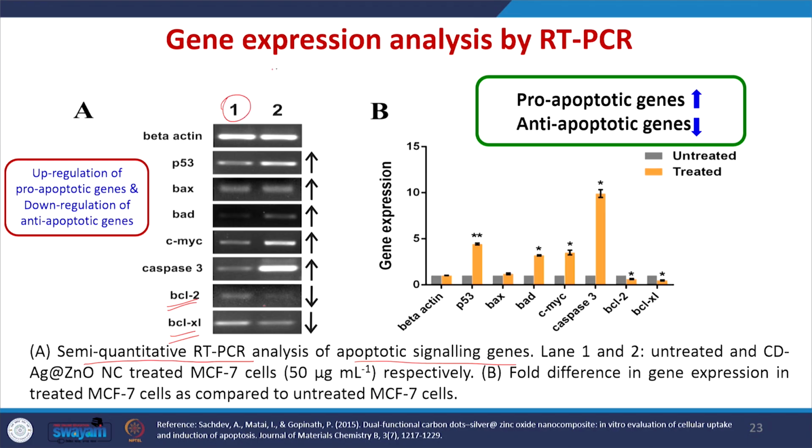Here this is an untreated sample and this is a nanoparticle treated sample. You can see here in the nanoparticle treated, the gene expression is down regulated. That means these anti-apoptotic genes are down regulated, whereas these are the apoptotic genes, and you can see here these are upregulated. That means the nanoparticle is inducing apoptosis.